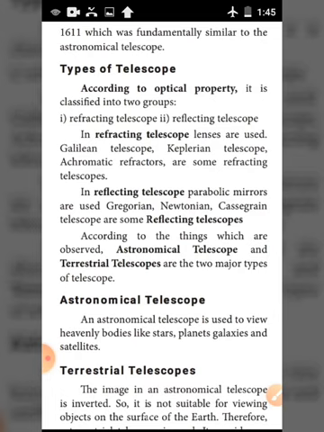These are refracting telescopes because they are made up of lenses. The next one, what are reflecting telescopes? The reflecting telescopes are Gregorian telescope, Newtonian telescope and Cassegrain telescope because these are made up of parabolic mirrors. Clear, students?